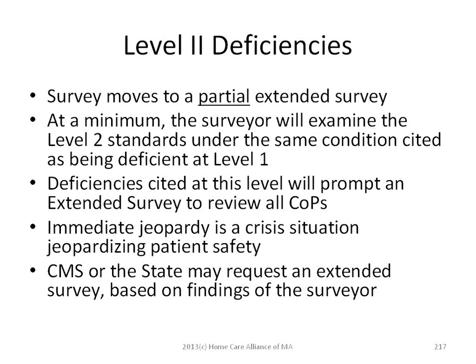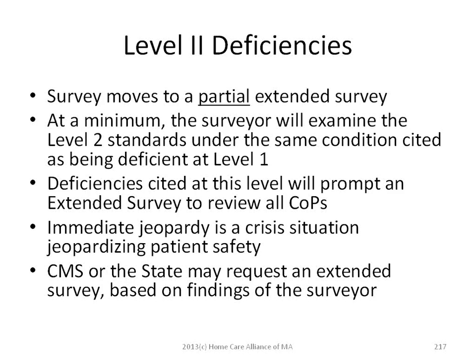With the Level 2 deficiencies, if there are problems found at this level, the survey moves to a partial extended survey. And at a minimum, the surveyor will examine the Level 2 standards. Deficiencies cited at this level could possibly prompt an extended survey to review all of the conditions of participation.